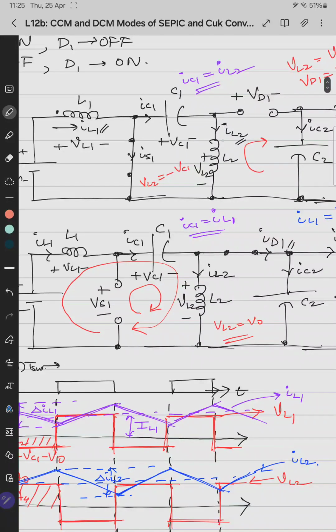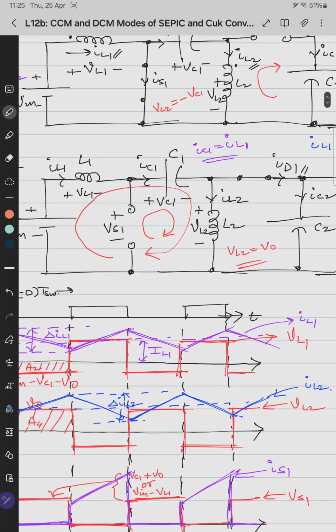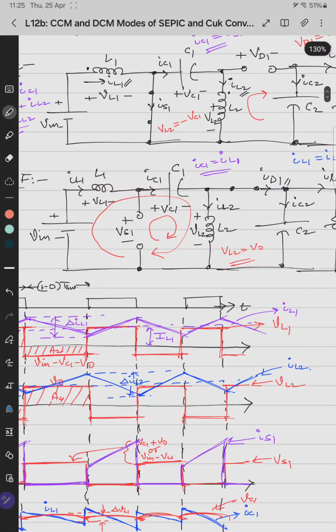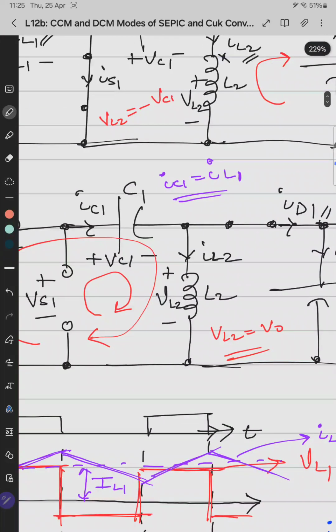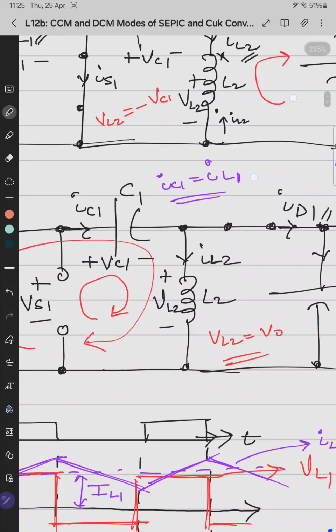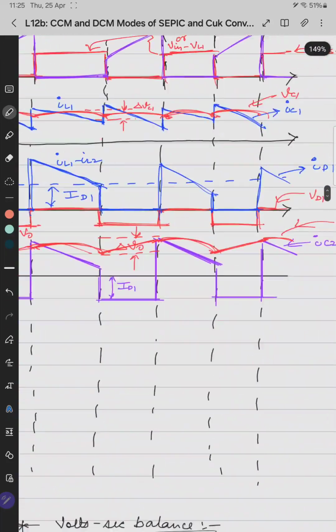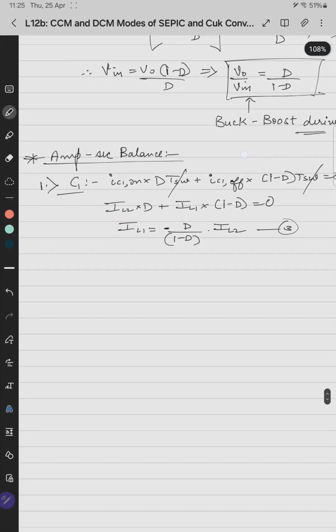If we do all the analysis, we'll get that the ratio between the average values of L1 and L2 is negative, which means that either one of them should be negative, so instead of placing the dot here, we could have placed it here, and considered this as the positive direction of IL2. Thus, this should be the positive direction of VL2, this is plus and this is minus. This is the meaning of this negative sign.